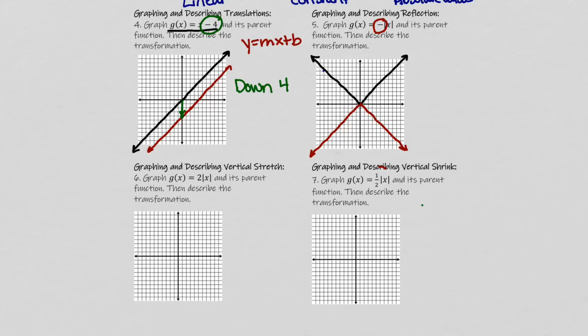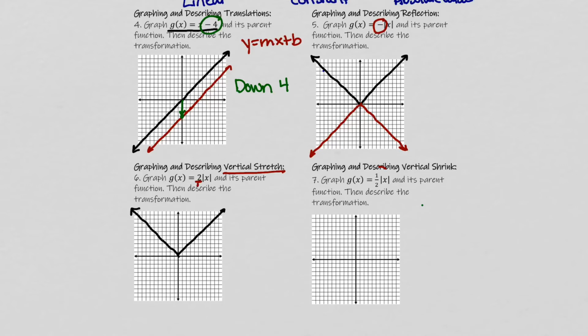And then now we're going to graph a vertical stretch, which means the number out front is greater than 1. And we treat it like a slope when we're dealing with absolute value and linear, but with absolute value, you just have to remember it is a V. So this has the absolute value bar, so its parent function, oh man, I did not get that straight, sorry. Pretend I'm going through my points exactly. Tried, okay. And then this one, we'll think of the slope as 2 over 1.